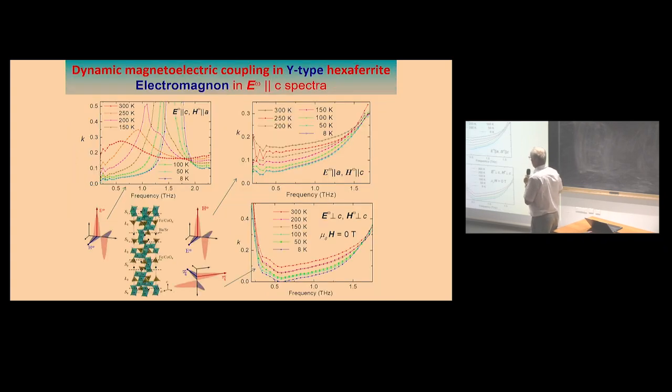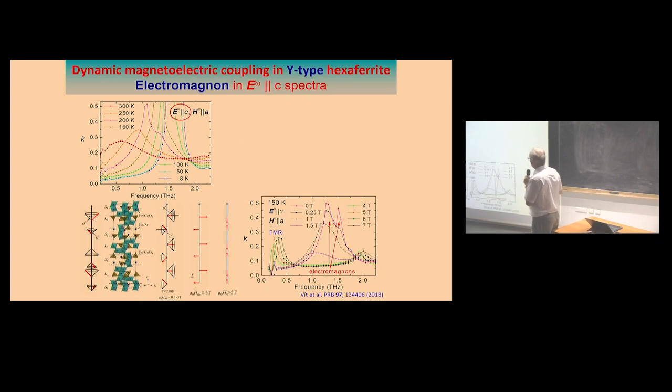There is also an electromagnon seen in the spectra of terahertz radiation with the electric vector along the C direction, around 1.5 terahertz, while with the electric vector along the A direction it is not seen. It is also very strong in Raman scattering. But important is that this electromagnon disappears in magnetic field above 2 or 3 Tesla because the transverse conical structure changes to a collinear structure.